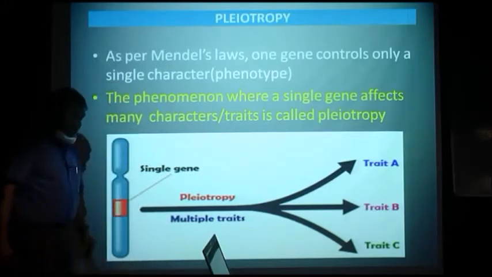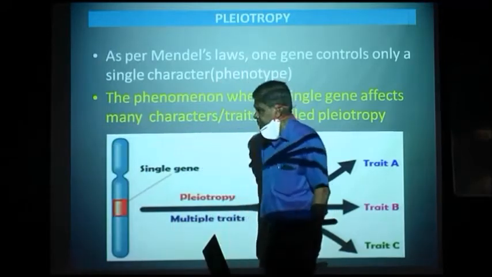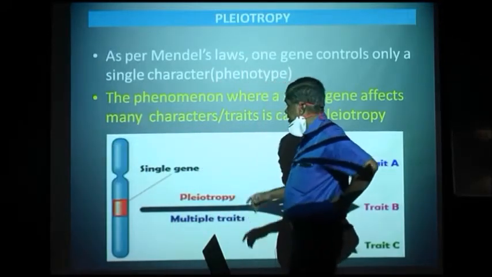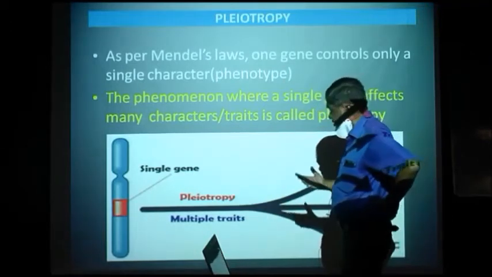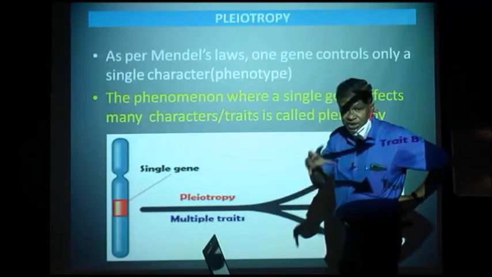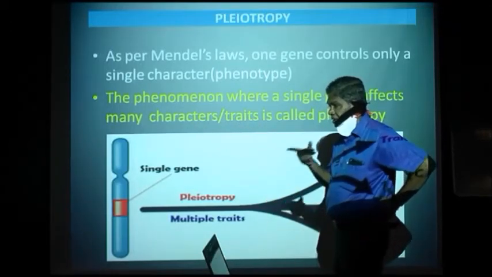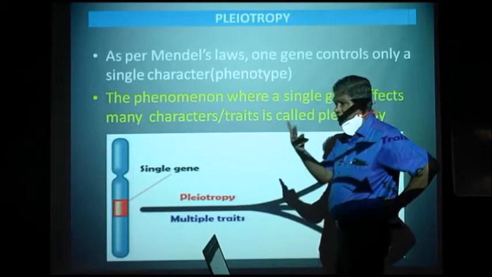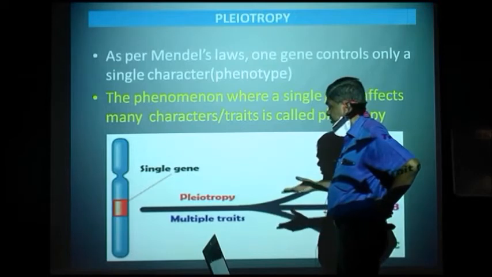Now here in pleiotropy, we get a different condition. Pleiotropy is one where we get one gene responsible for many characters, not like 2 genes or 3 alleles or different things.